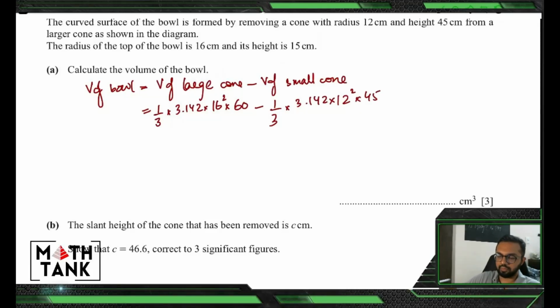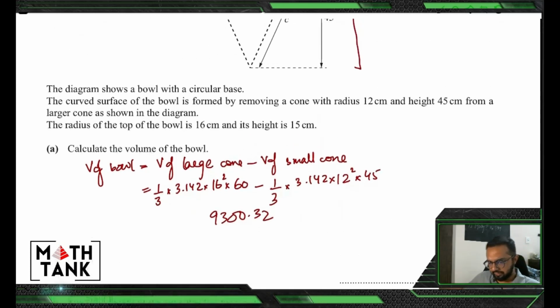So I have to be careful with my calculations. 16 squared into 60 minus 12 squared into 45, into 3.142 divided by 3. So I'm getting about 9300.32. I hope that's the correct answer.